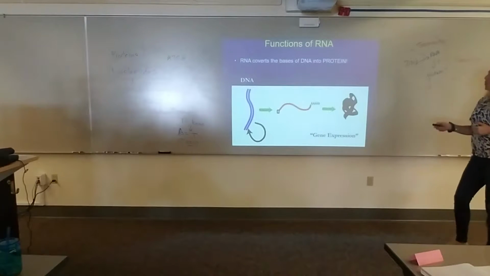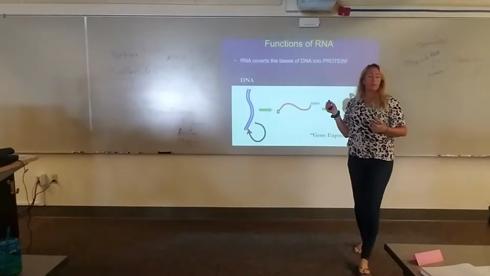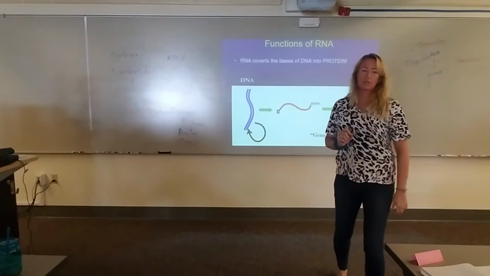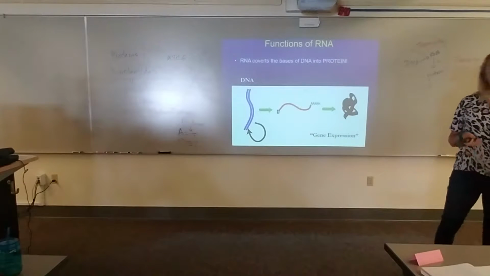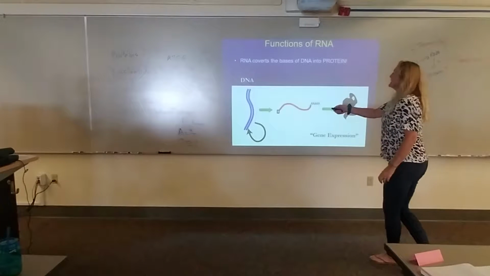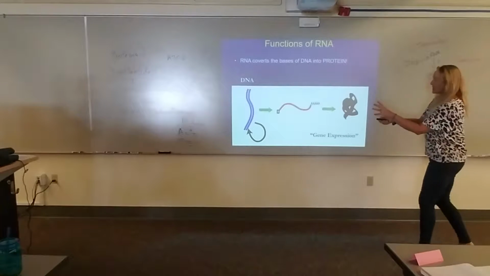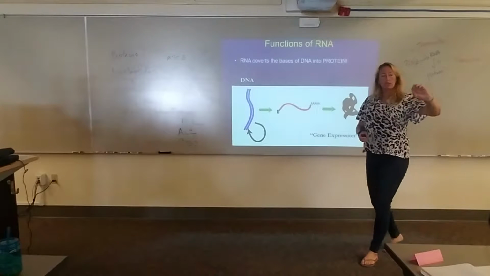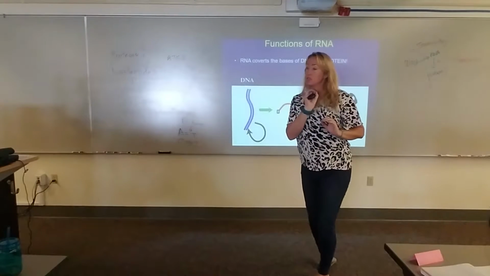All right, so the overall function of RNA is really important, and this is something in biology that we refer to as the central dogma. It's one of these big entrenched ideas, we've been working on this for 100 years. DNA gets converted into RNA. There are enzymes that literally read along this and read the actual bases and convert that into a message, the messenger RNA.